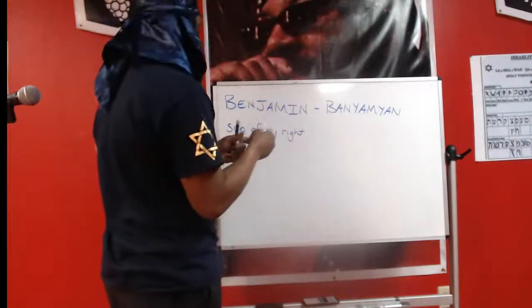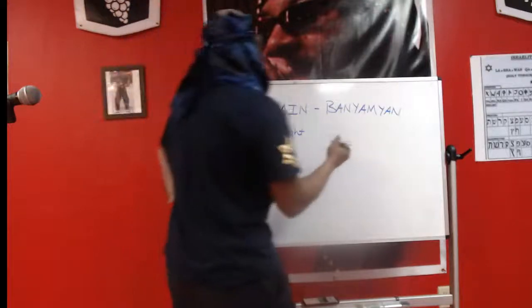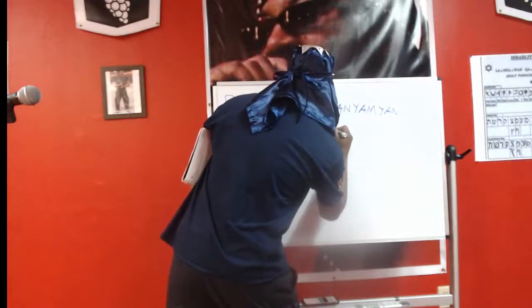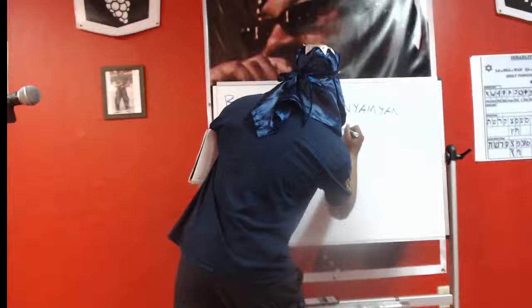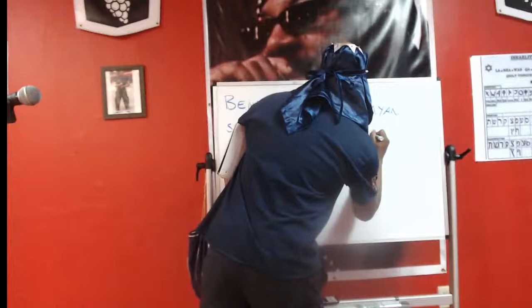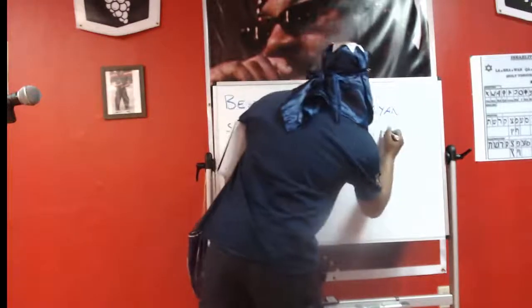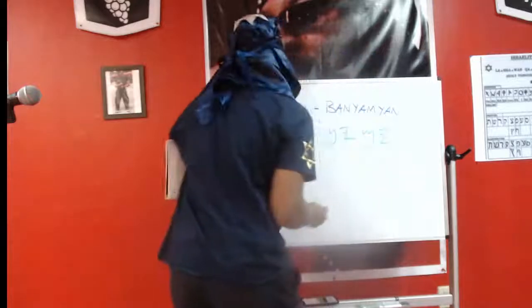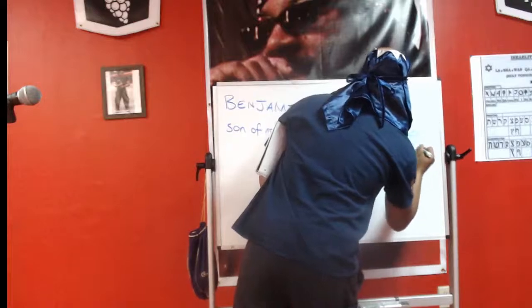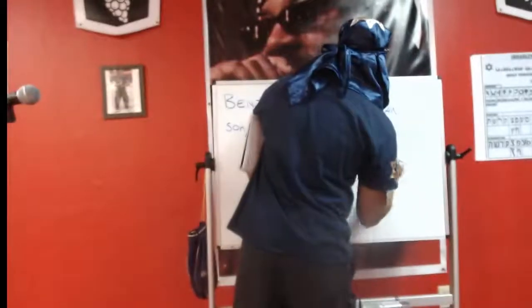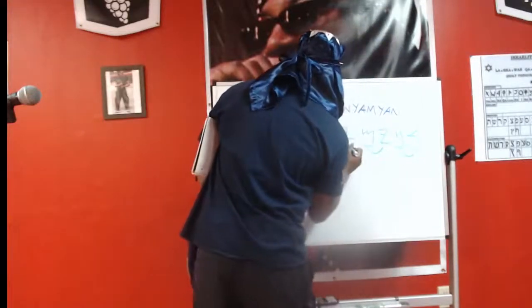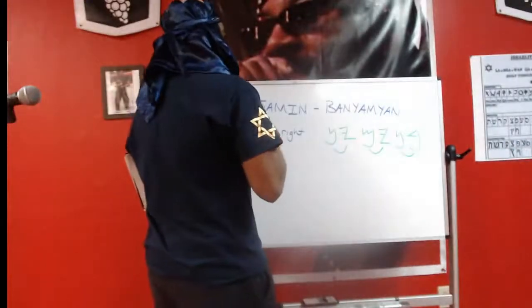Okay. And now let's write this out in ancient first. Bumpers and bridges in ancient. Ban Yum Yun. All right.